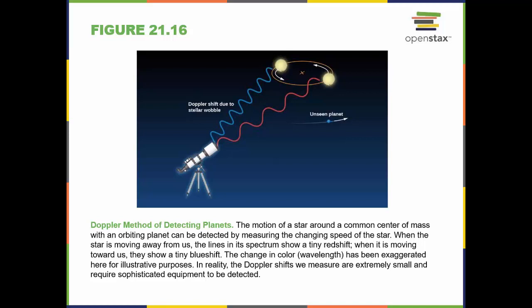When the star is moving away from us, the lines of the spectrum show a tiny red shift, and when it is moving towards us, they show a tiny blue shift. This change in color or wavelength has been exaggerated here, but really it's a tiny effect. The Doppler shifts we measure are extremely small and require really sophisticated equipment.